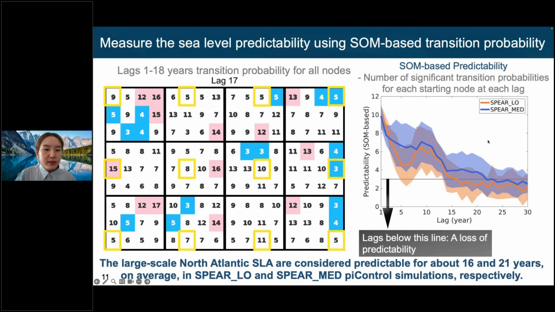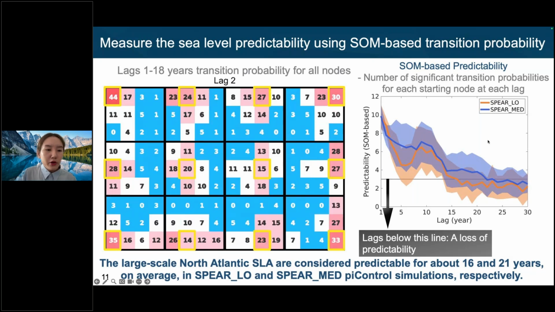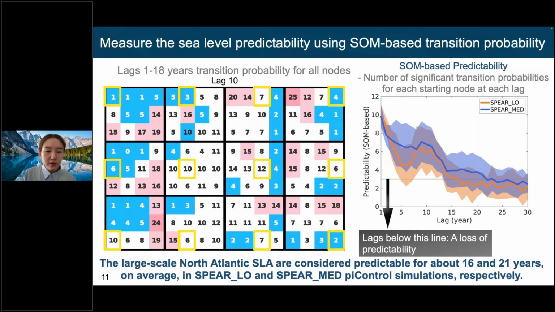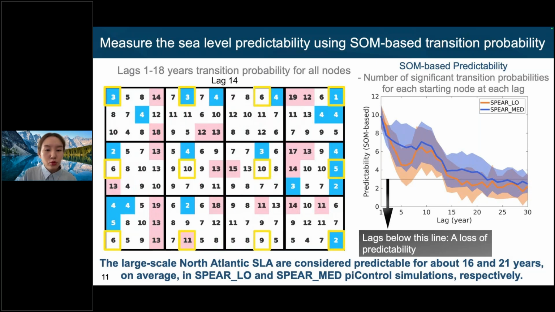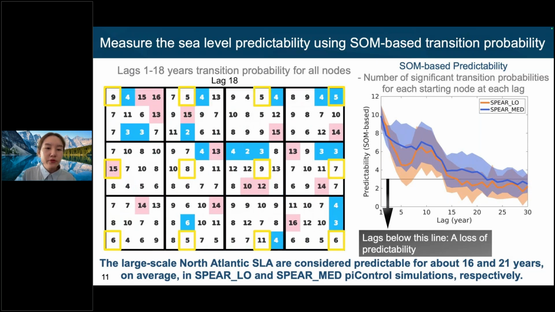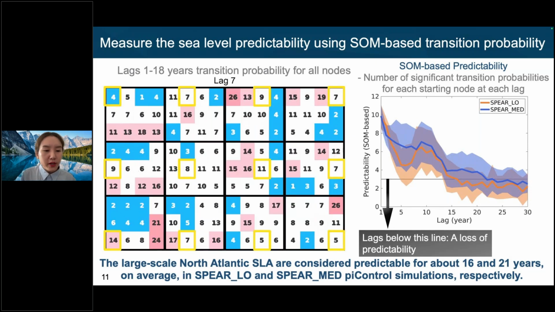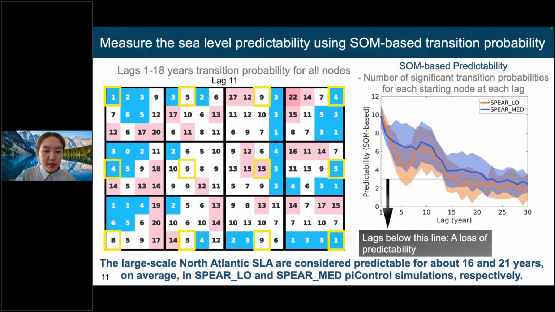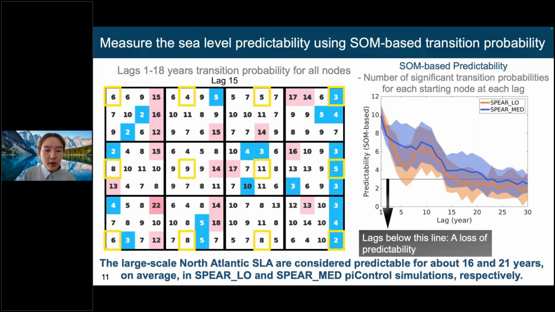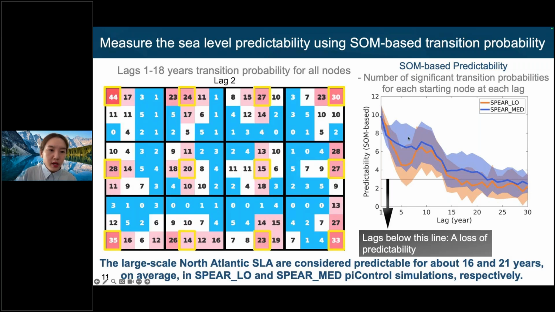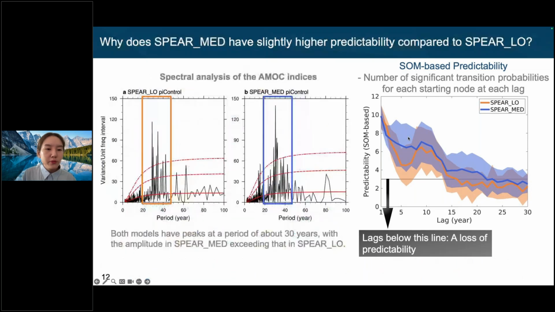Based on this criterion, we can say that the large-scale North Atlantic sea level anomalies are considered predictable for about 16 and 21 years on average for the SPEAR-Low and SPEAR-Medium pre-industrial control simulations, respectively. As you can see, there is some difference between these two simulations, and we think the potential reason may be related to their AMOC variability.